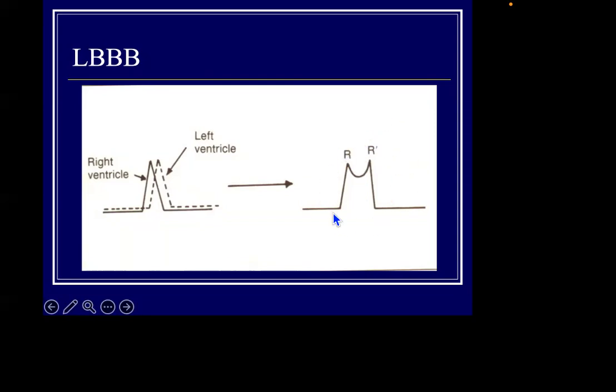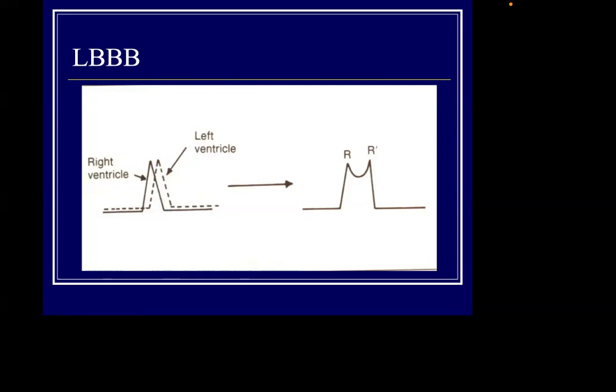In left bundle branch block, the first R is due to right ventricle depolarization, and the next R is due to left ventricle depolarization. This is in contradistinction to the right bundle branch block, where the first R is due to the left, and the next is due to the right.